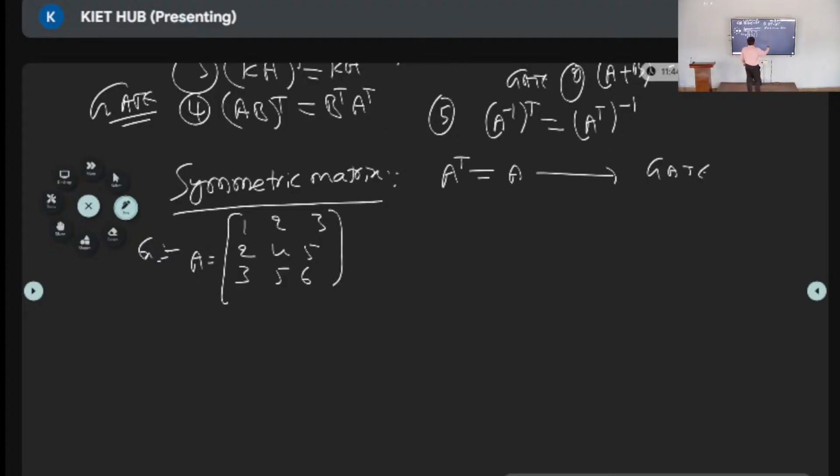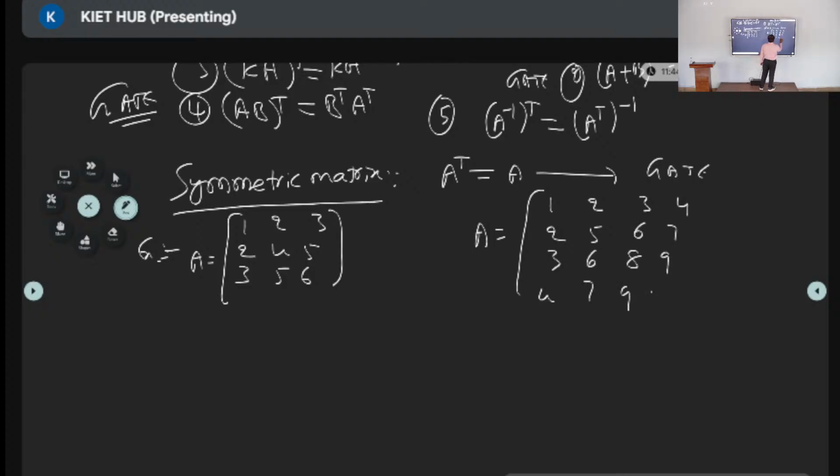Next, 1, 2, 3, 4, 2, 3, 4, 5, 6, 7, 6, 7, 8, 9, 9, 10. Is this symmetric or not? The condition for symmetric is A transpose equal to A.